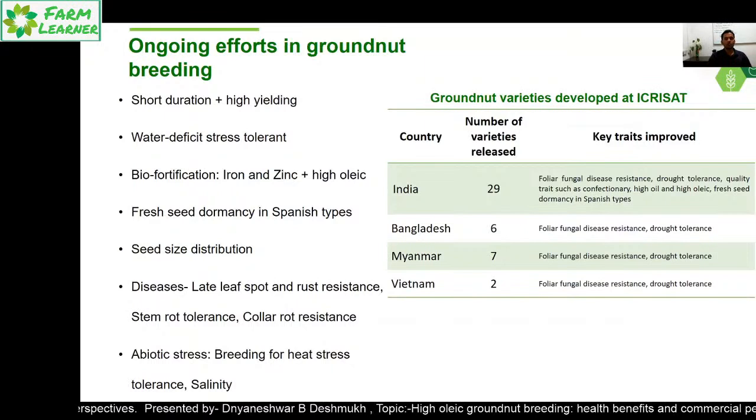And then in Bangladesh, ICRISAT has provided the base for 6 varieties which are already released. In Myanmar, 7 varieties have been released, and then in Vietnam, 2 varieties were released back in the late 90s.